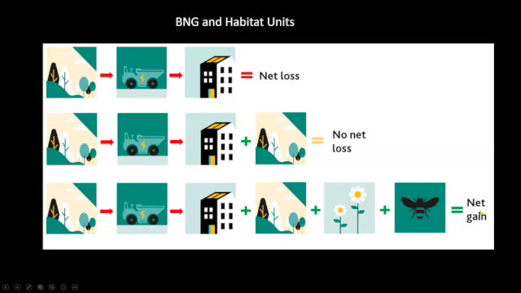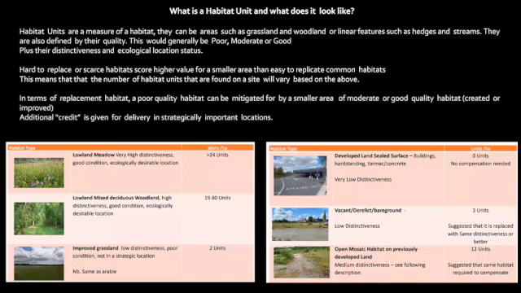And this is, I suppose, calculated through a process called habitat units. So habitat units are a measure of habitat. They could be areas such as grassland or woodland, or linear features such as hedges and streams, so watercourses.